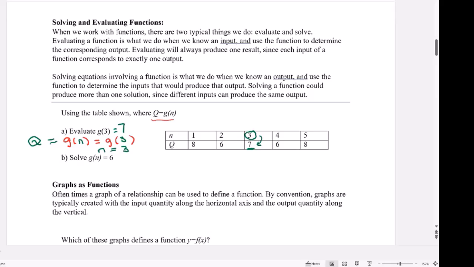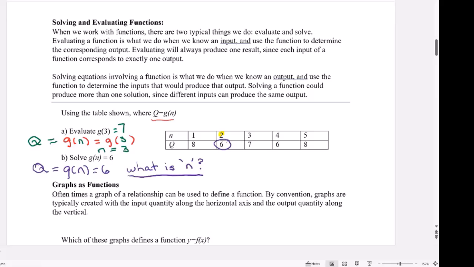Okay, now let's do it a different way. Now I'm saying Q, which equals G of N, equals 6. So Q equals 6, that's right here. And I want to know what is N. I'm asking what input do I have to put into this function to produce 6 as an output?